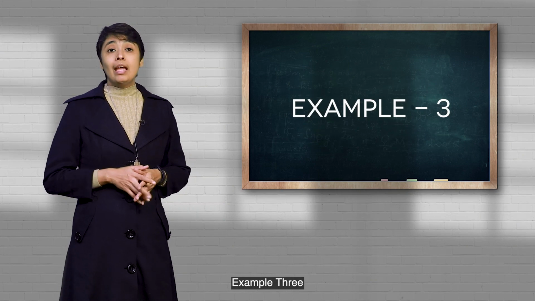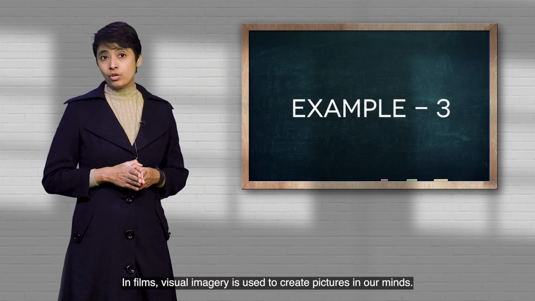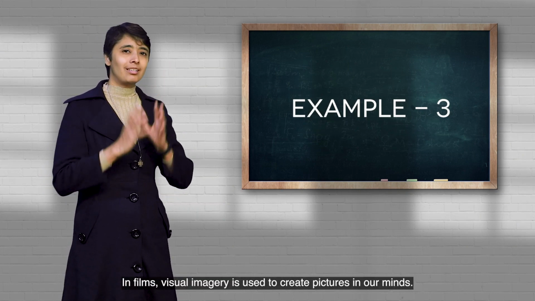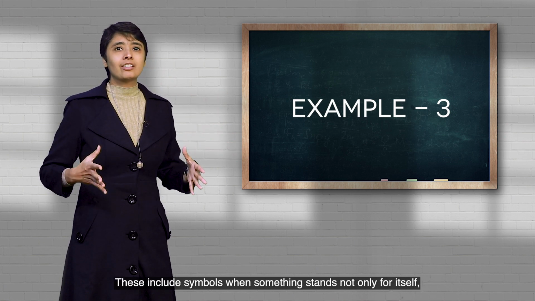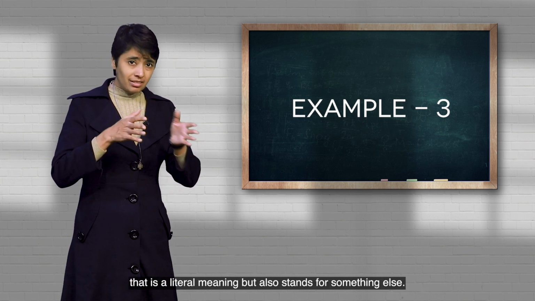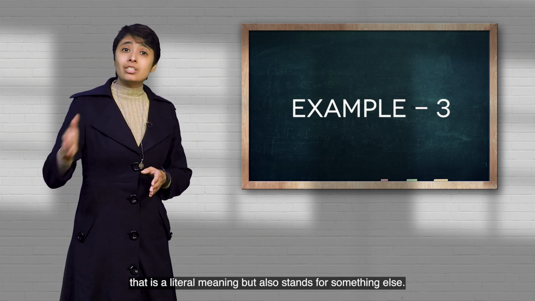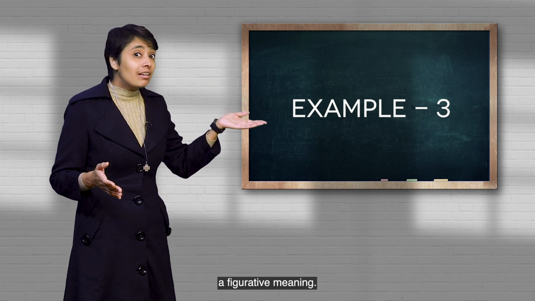Example 3. In films, visual imagery is used to create pictures in our minds. These include symbols, when something stands not only for itself, that is a literal meaning, but also stands for something else, a figurative meaning.